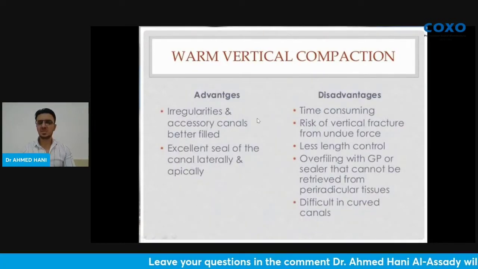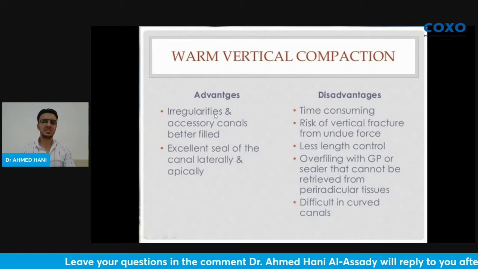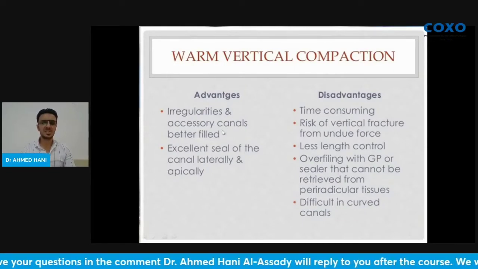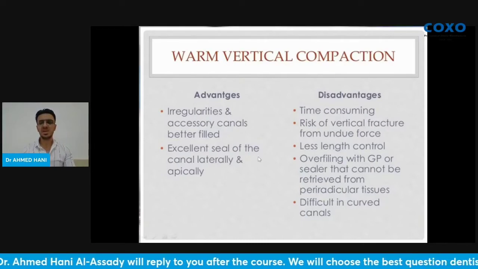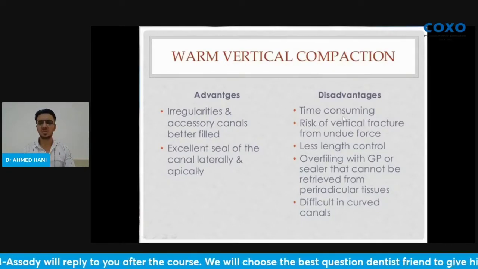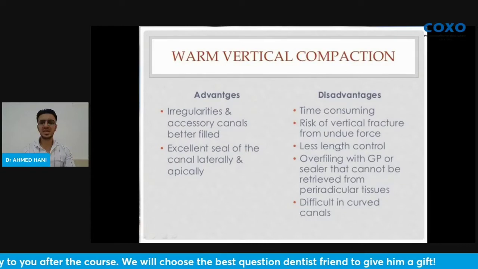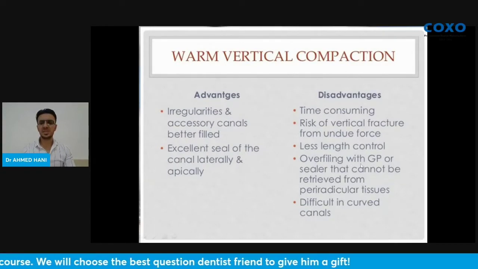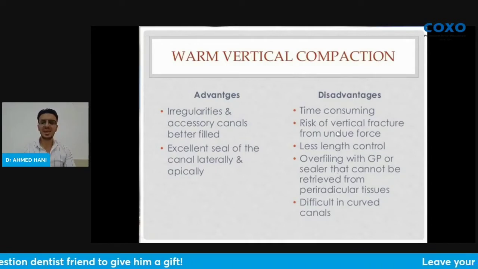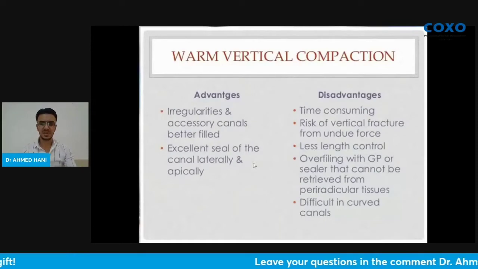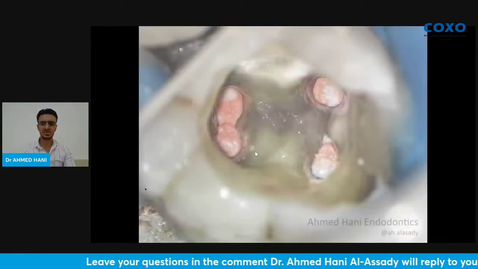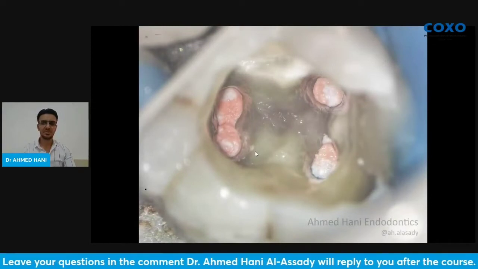The advantages of this technique: it fills in 3D the irregularities and accessory canals, better fill, excellent seal of the canal laterally and apically. What are the disadvantages? It is time consuming, with risk of vertical fracture and less control over filling with gutta-percha. These are disadvantages mentioned in the literature, but we can manage them with experience and skills. Warm vertical compaction is considered the gold standard technique in obturation.